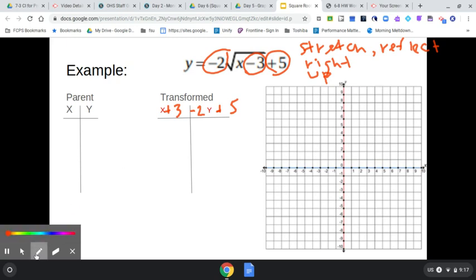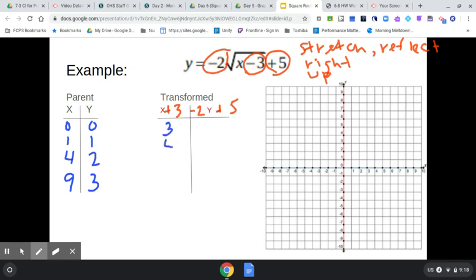Okay, getting my parent function up here. Again, those points were 0, 1, 4, 9, 0, 1, 2, 3. My x values, we're going to add 3 to them to get the transformed x values. So 0 plus 3, 1 plus 3, 4 plus 3, and 9 plus 3. All right, the y values, we're going to multiply by -2 and then add 5.